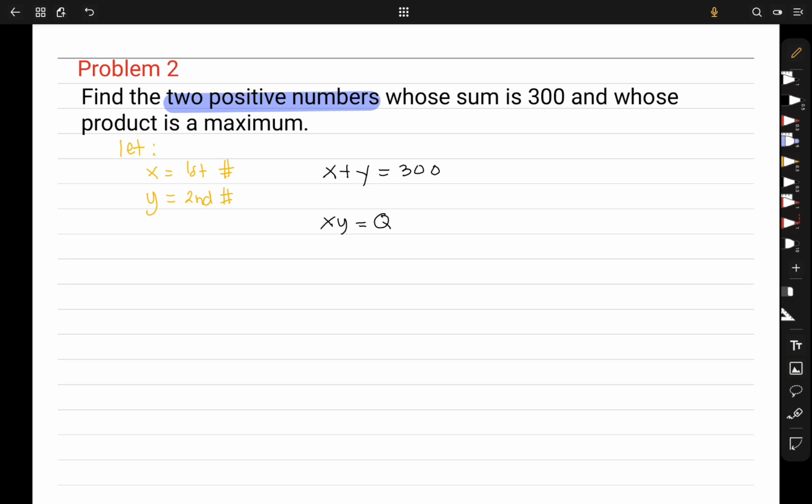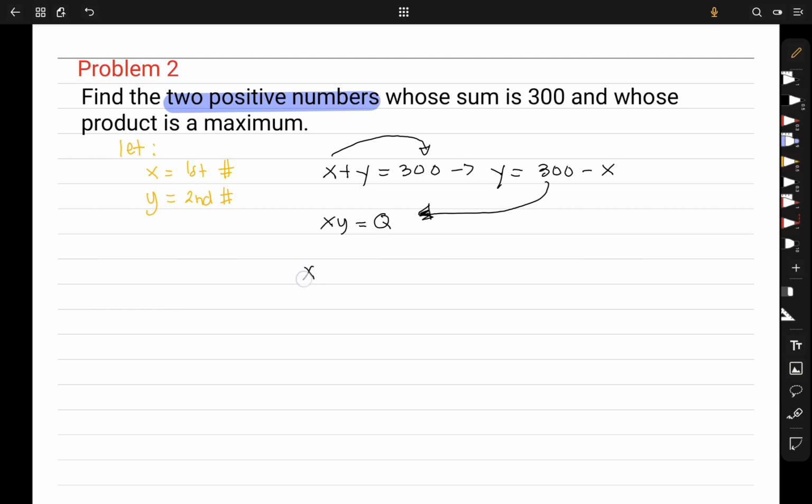On the first equation, we're able to equate it to y by transposing our x to the right side. So we can say that y is equal to 300 minus x. And here, this y will be substituted in our second equation.